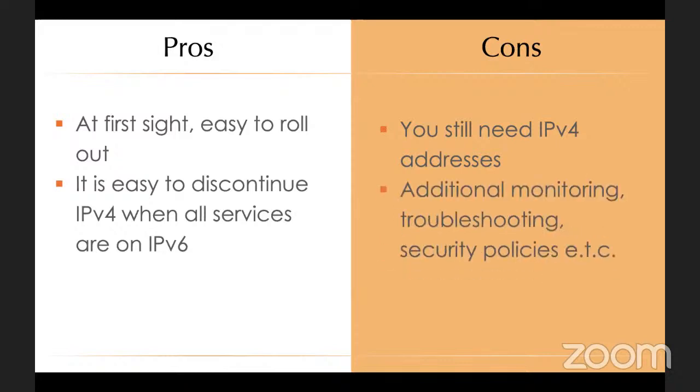And then you'll also have additional monitoring, troubleshooting, and security policies. So in short, it's a lot of work. But as I said earlier, most networks will start with DualStack. At least if you can get to DualStack, you can then move to the other transition techniques that we'll be talking about in this webinar.